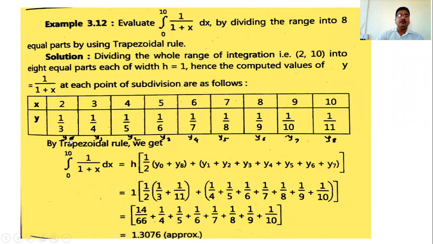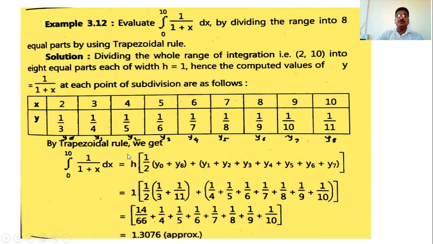Then by the trapezoidal rule, how can we find the values of y? y is 1 by 1 plus x, then substitute x as 2, x as 3, x as 4, and in this way find the values of y. Naming these values y0, y1, y2, y3 up to y8, the integration from 2 to 10 of 1 by 1 plus x dx is h by 2.